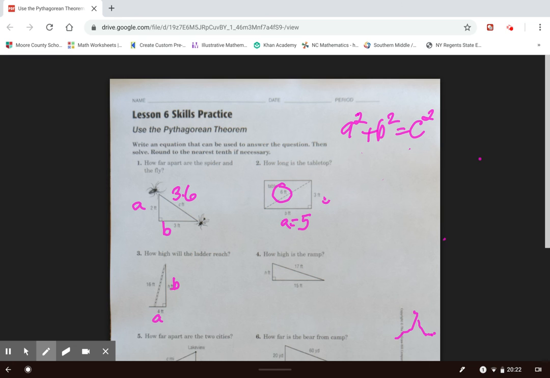So what I'll do then is put in 4 for a, so that's going to be 4 squared plus my b value, which is what I'm looking for, and then my c value is 16. All right, so 4 times 4 is 16.